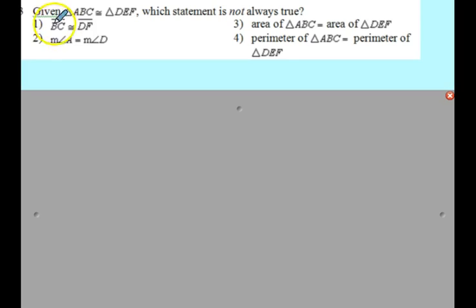Okay. There are two triangles and they are congruent. Which statement is not always true? So you have to remember the properties of congruent triangles, which means that they probably will be talking about the fact that corresponding angles are equal, corresponding sides are equal.